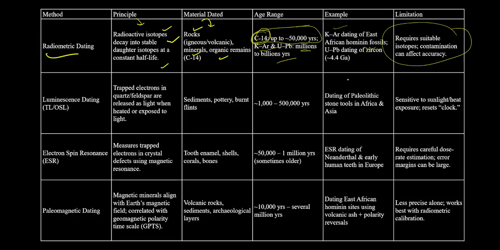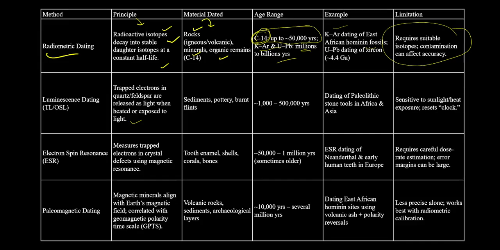Then there is luminescence dating. The trapped electrons in quartz are released as light when heated or exposed to light. This is the basic principle of this type of dating.